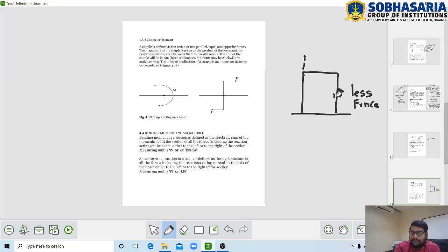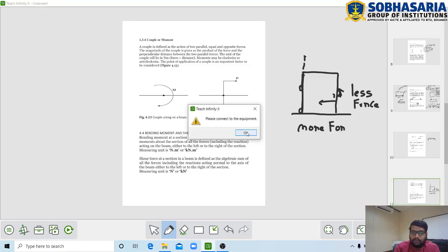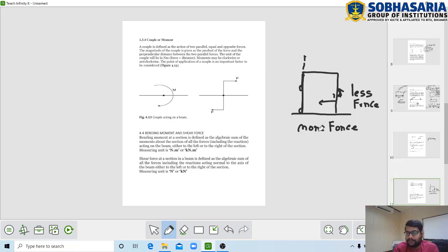As you move towards the joint where the door is hinged, you will require more force to open the door. So what does it mean?